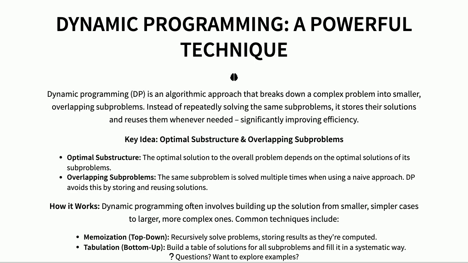And often, these little parts overlap, meaning we're tackling the same questions multiple times in a standard approach. Dynamic programming avoids this repetition by storing our answers so we can just reuse them when needed. We use two main methods: memoization, which is like thinking recursively and remembering what you've already done, or tabulation, which is building up all the solutions from the ground up.